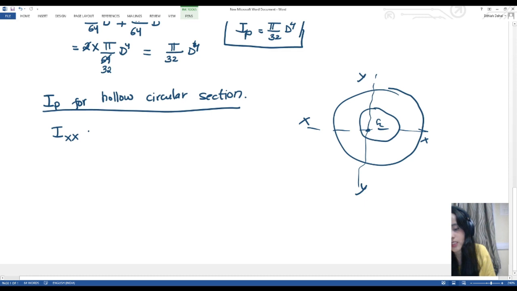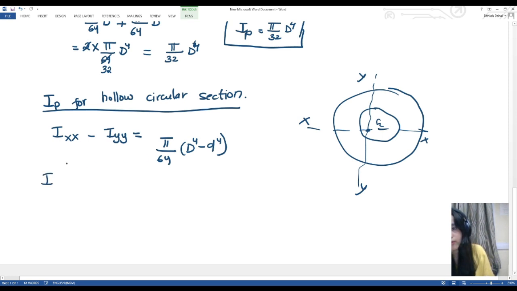Ixx is equal to Iyy, which is pi by 64 into big D raised to power 4 minus small d raised to power 4, right?